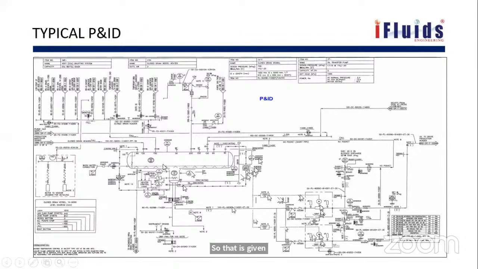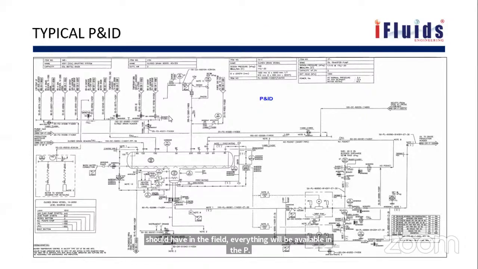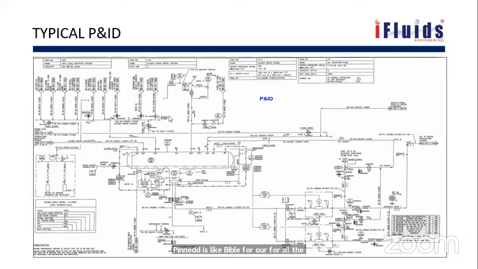This is how a typical P&ID looks. It will contain whatever the plant should have in the field, everything will be available in the P&ID. P&ID is like the Bible for all the process engineers, for the process plant.